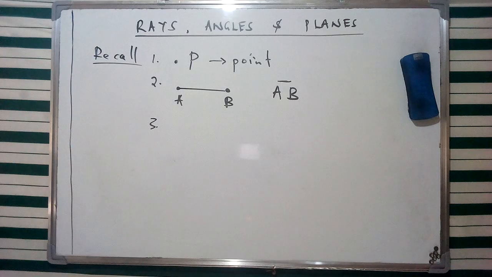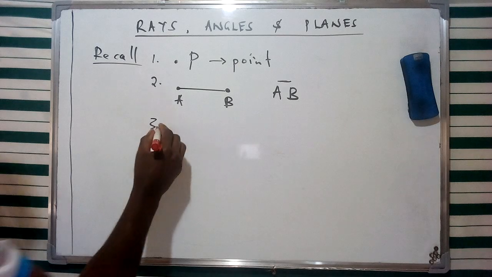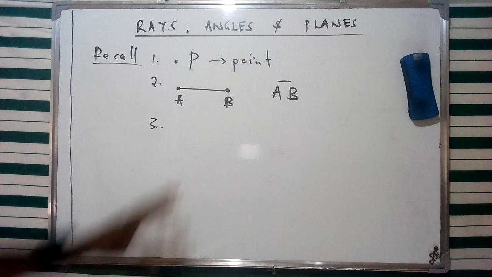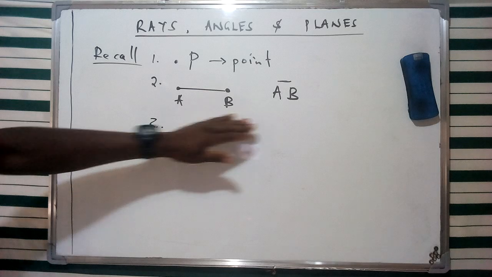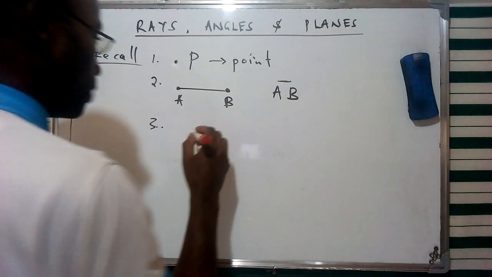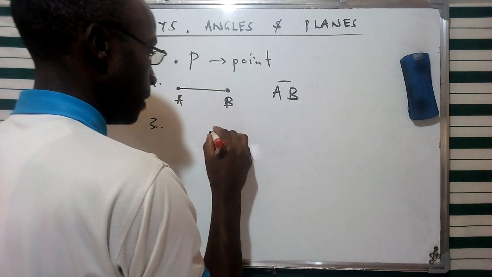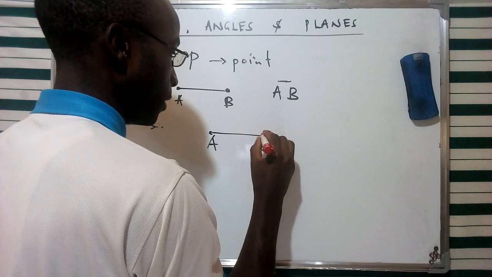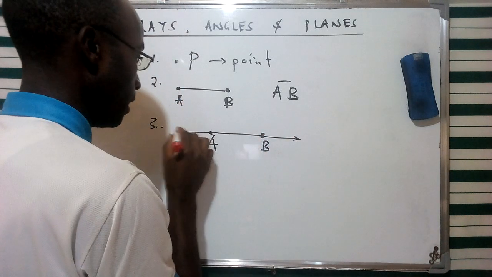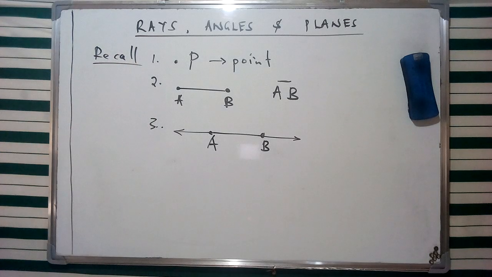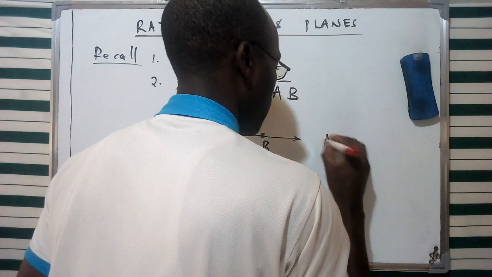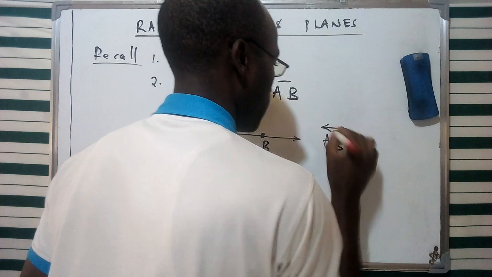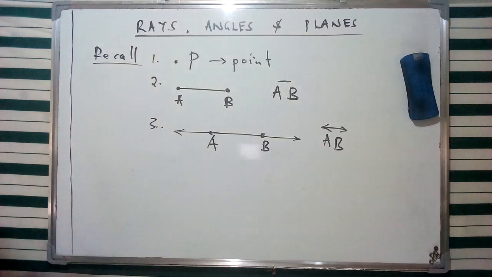A line constitutes a segment that has its endpoints extended infinitely in both directions. For example, for line segment AB, we extend the endpoints infinitely in both directions. So this constitutes a line, and we give a notation for a line as AB with a symbol showing the extension of those two endpoints.